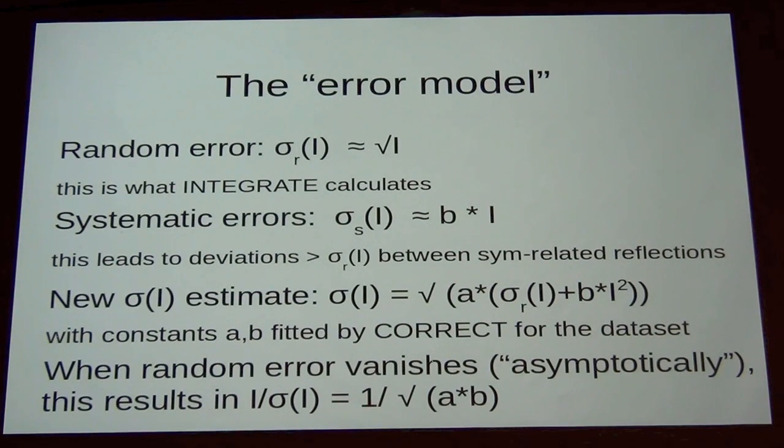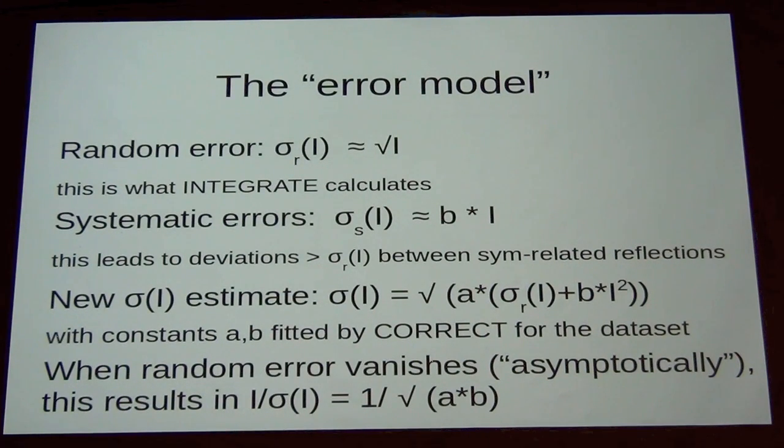Now, one consequence of this simple error model, and I realize that in Aimless, your error model is a little bit more sophisticated. It has one more term, but some people say this is still not right. Some people also say this term is not required, and you can make much more sophisticated error models.